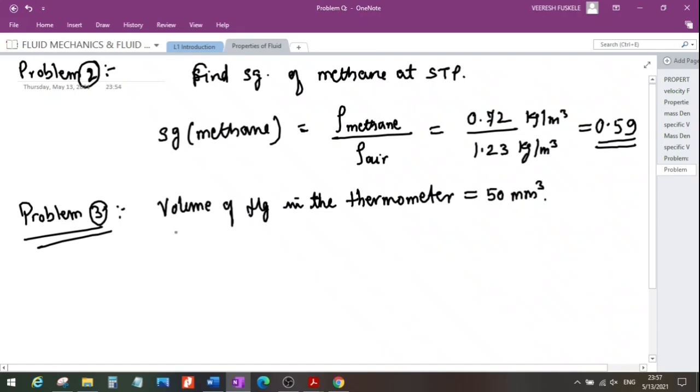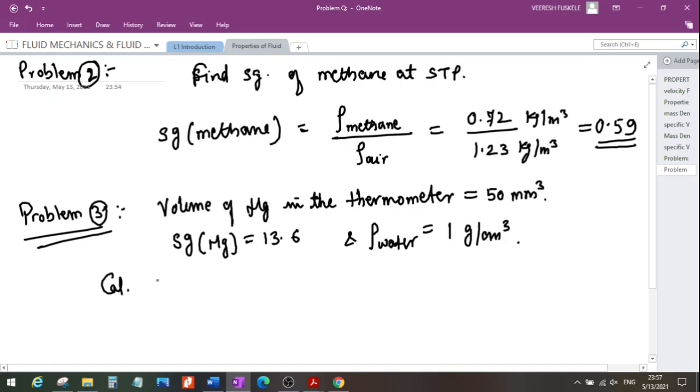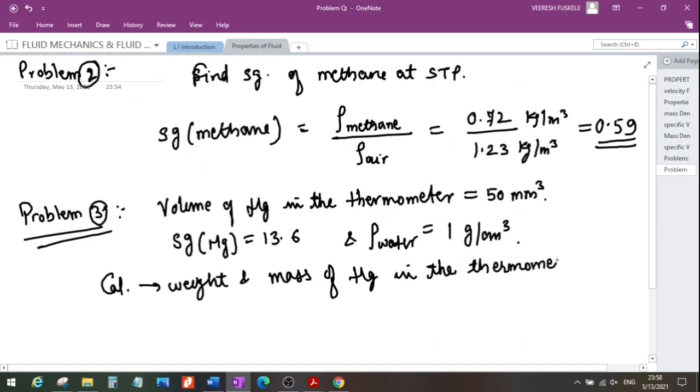Also given, the specific gravity of mercury is 13.6 and the density of water is known as 1 gram per centimeter cube. So we have to calculate the weight and mass of mercury in the thermometer, right?